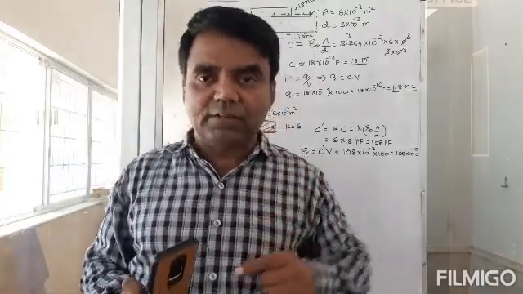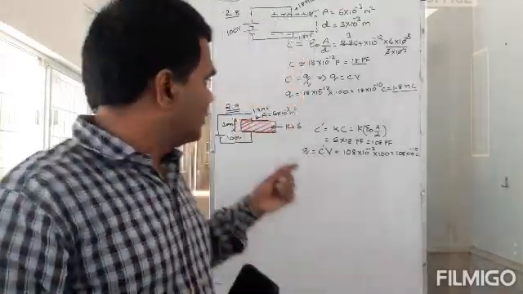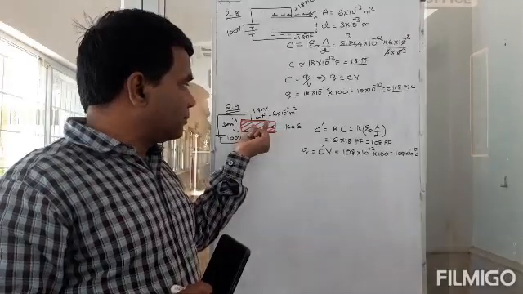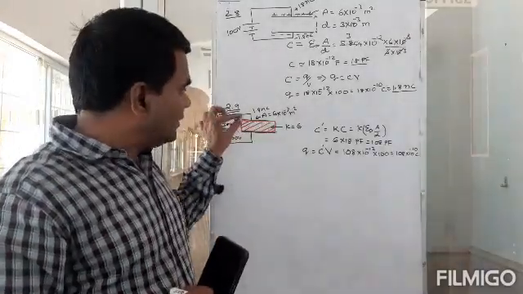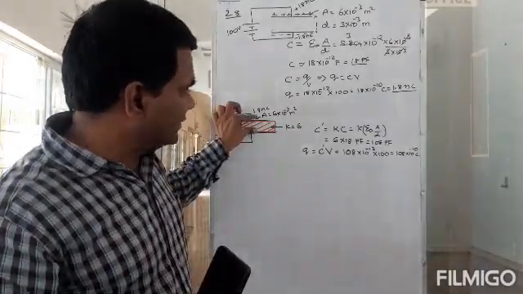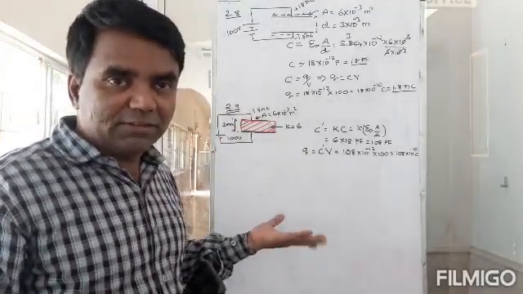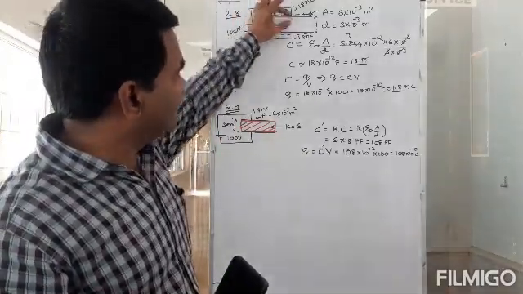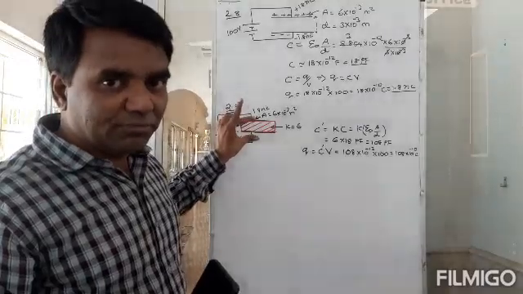The other way of understanding it is this. Because of the presence of the dielectric material, the field inside would be reduced, right? Whatever field you had here, that would be reduced. We knew that.